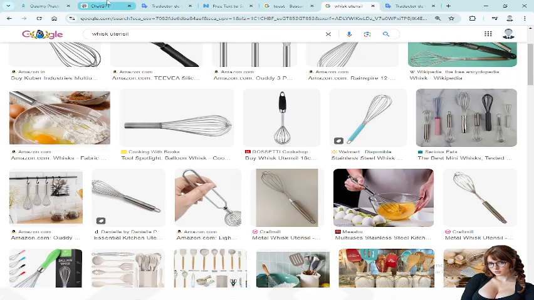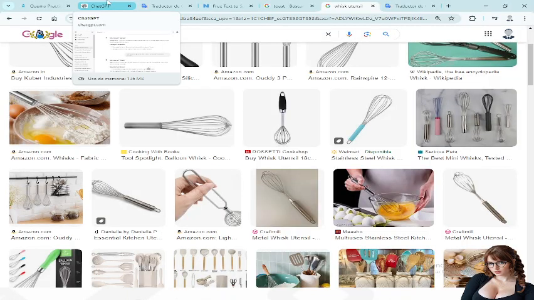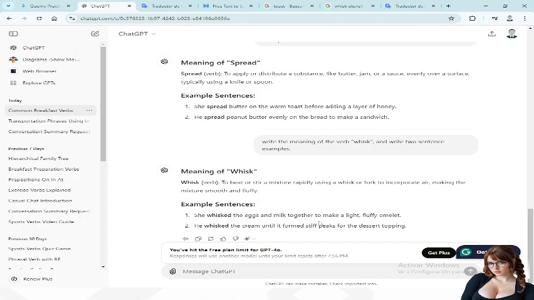In the sentence, mix the eggs with milk if we want to prepare an omelette. To beat or stir. Stir is another verb that we can use like a synonym of whisk.